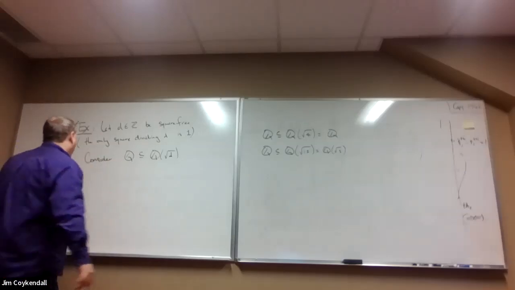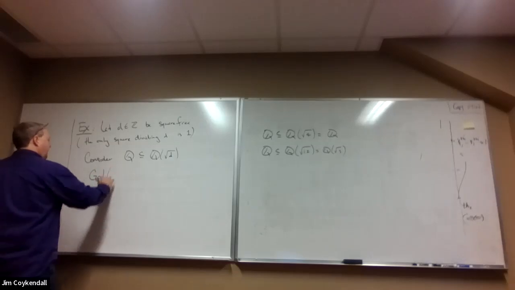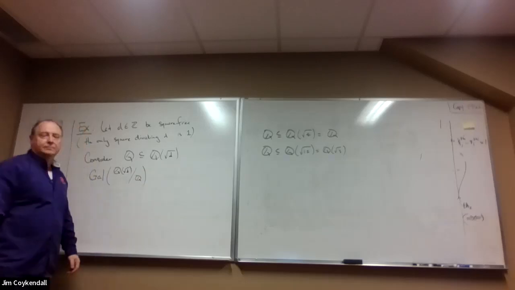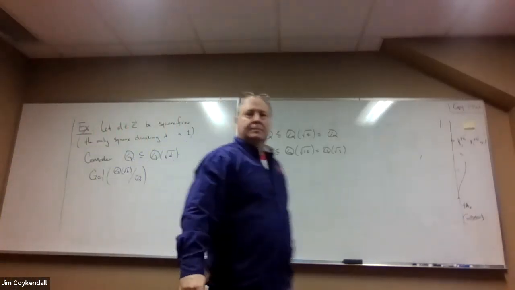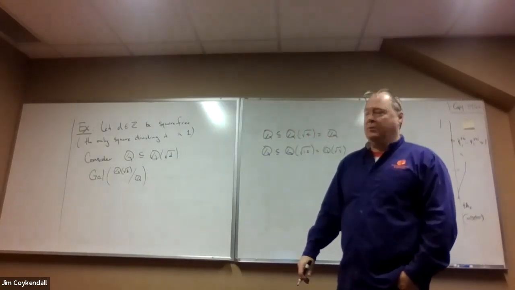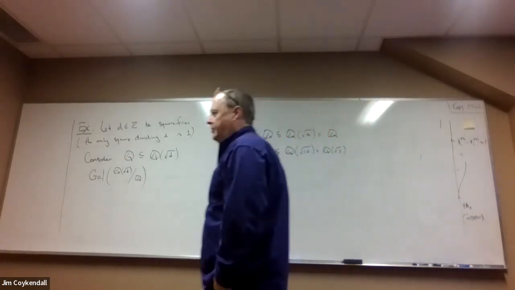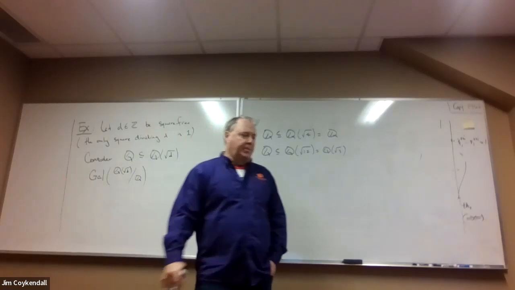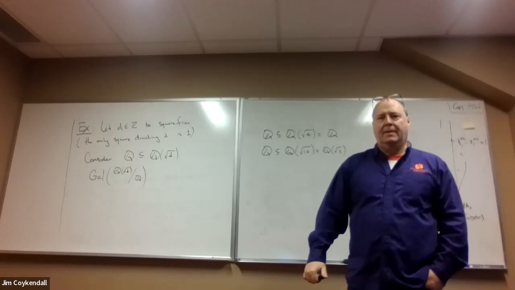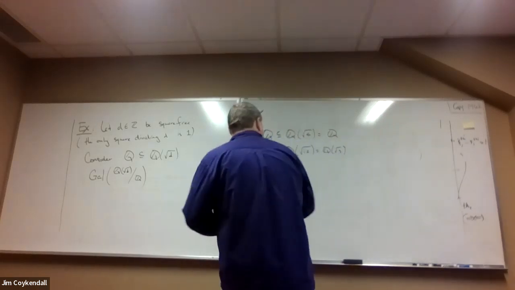Anybody want to guess the Galois group? What are the automorphisms of Q radical D that fix Q? Anybody want to guess how big the Galois group is, what the structure is? Anything like that? Is it something like C2 or something like that? You're exactly right.